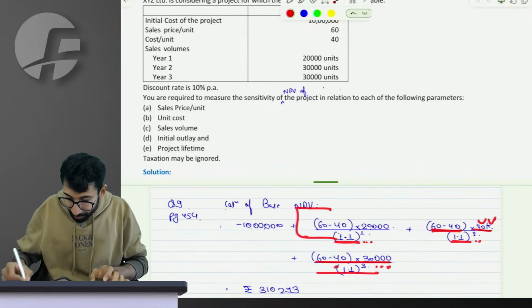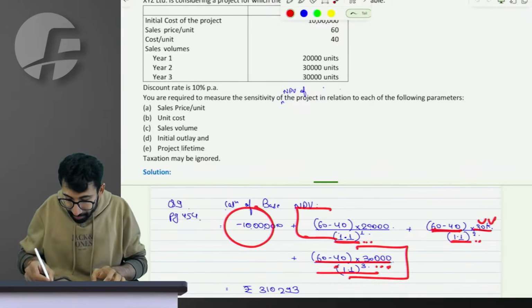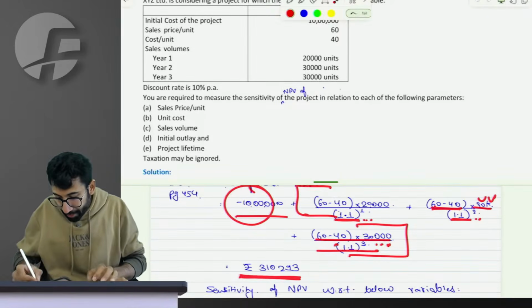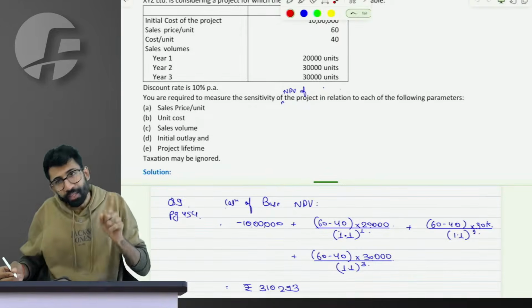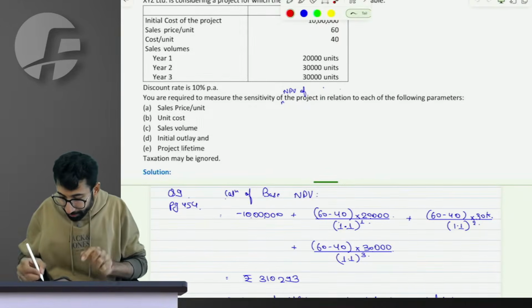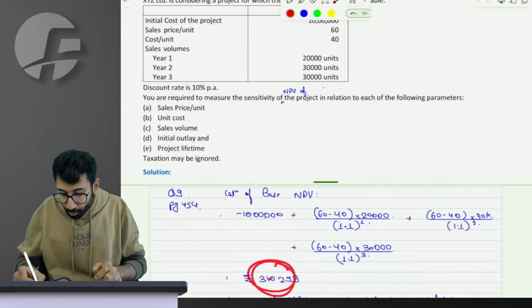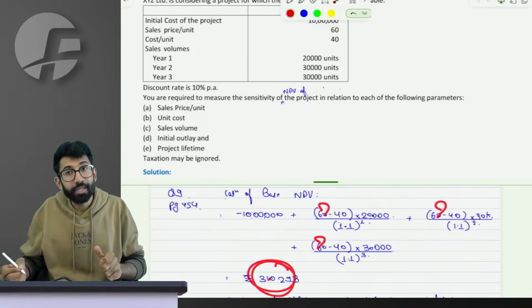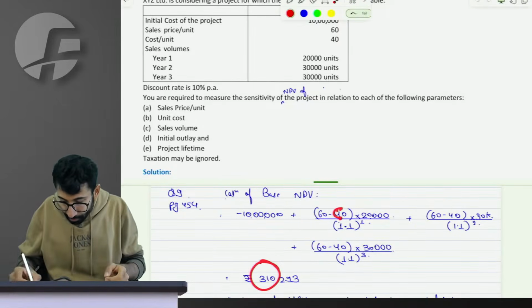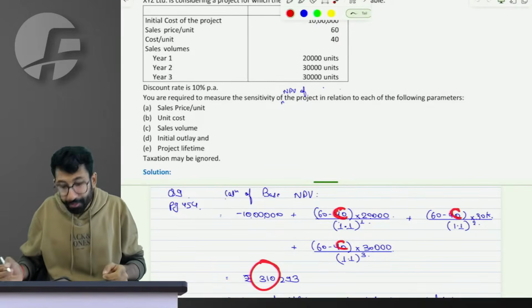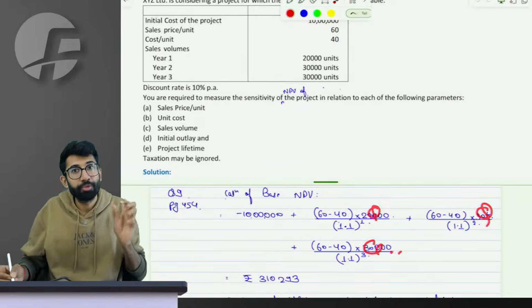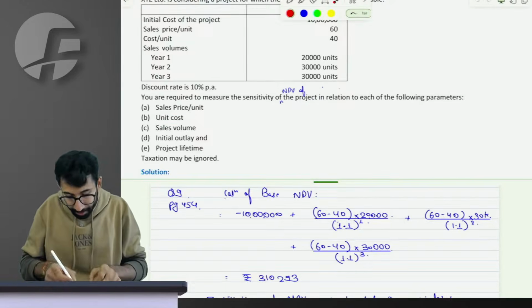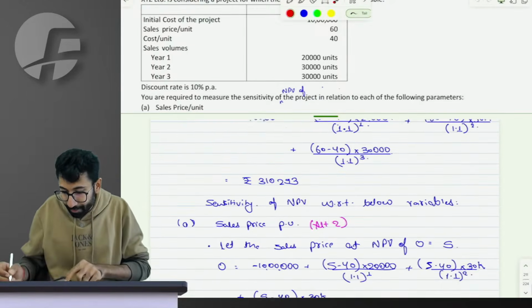These are the present value of future cash inflow minus the initial outflow of 10 lakh give me 3,10,293 as my base NPV. Now I will have to check that to change this NPV to 0, how much should the sales price be? Then to make the NPV 0, how much should the cost price be? How much should the quantity be? That's the approach we're gonna follow, starting with the sales price. Boss, can you all do this calculation?